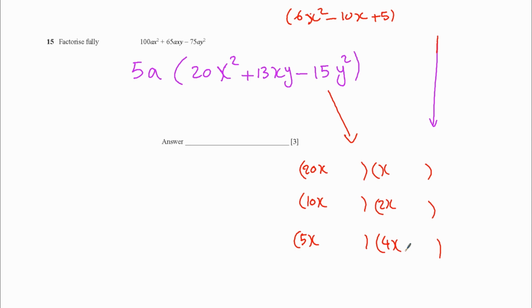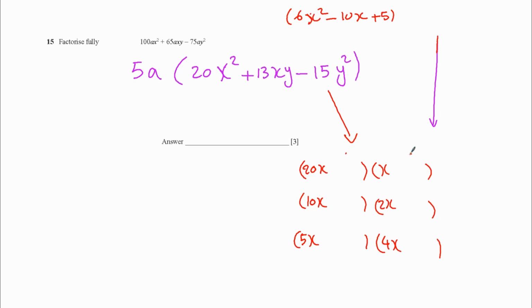Now, on the second part, we are looking for two sets of numbers related to y, which multiply together to give us minus 15y squared. So what are those sets? Minus 15y squared. We can say minus y and 15y.